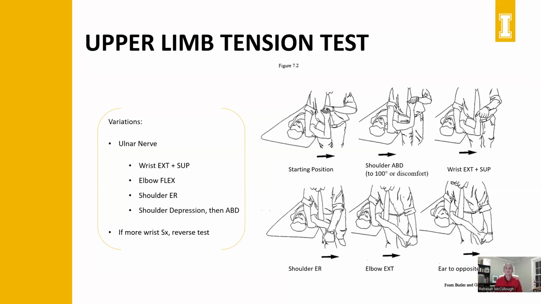For the median nerve, you can do finger and wrist extension and swinging. So you might have them hold, if it were a right-sided pathology, hold those into extension and then swing through that movement. And you can even try doing it one finger at a time and swinging through like that.